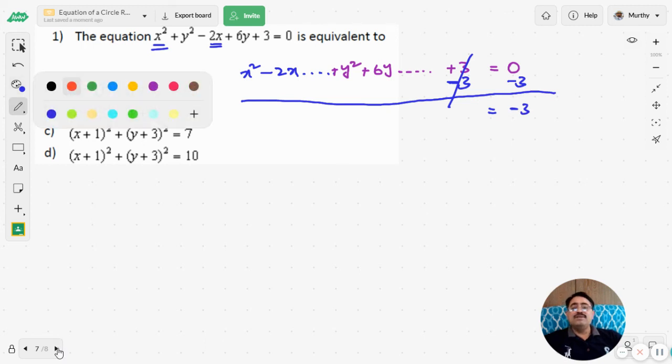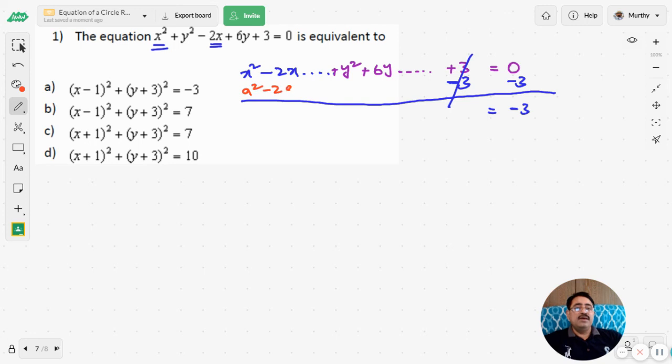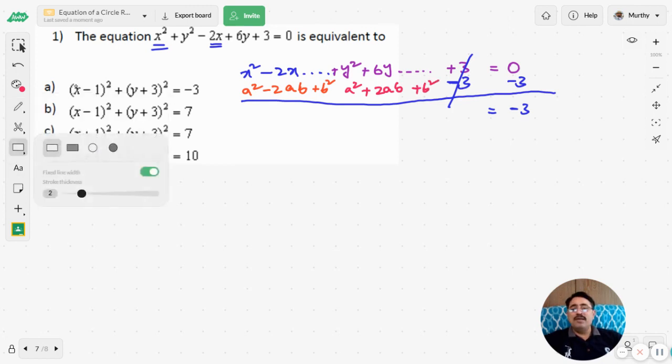Now, always I have to think of a square minus 2ab. Notice that there is a minus, so I'm taking minus 2ab plus b square. And the next one is a square plus. Please see that here positive sign, therefore I'm taking plus 2ab plus b square. So you have to remember all these formulae.